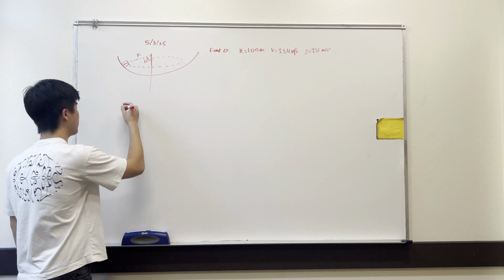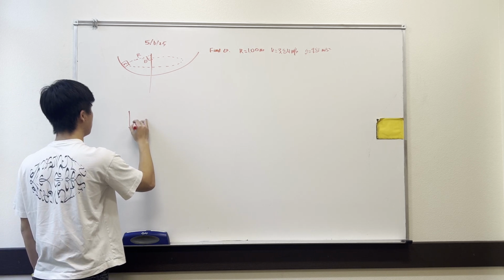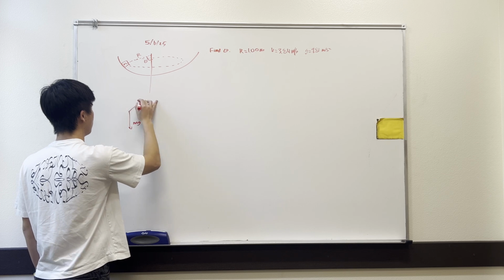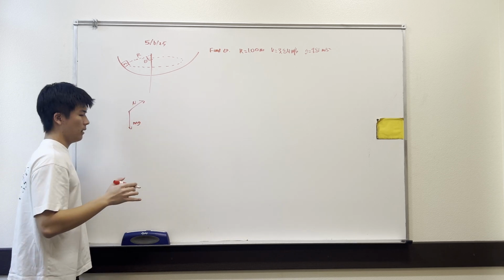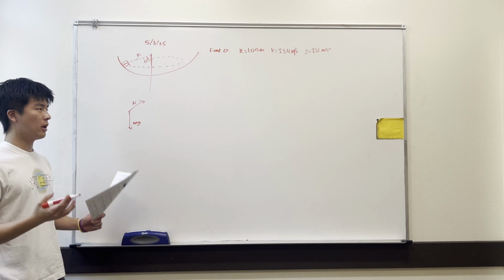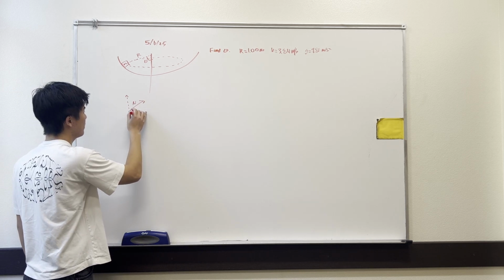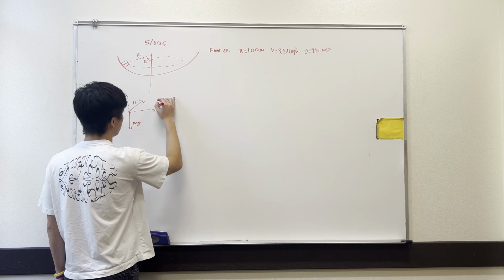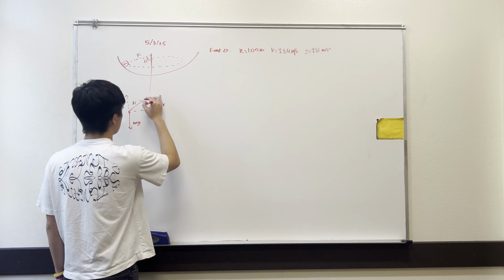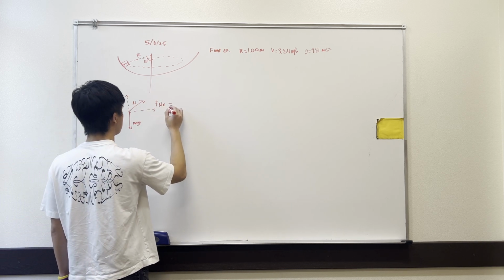Let's first start off with the free body diagram, where we have our mg and our normal force. The way to go about solving this question is splitting up this normal force into F_nx and F_ny.